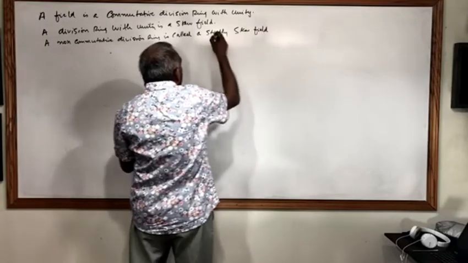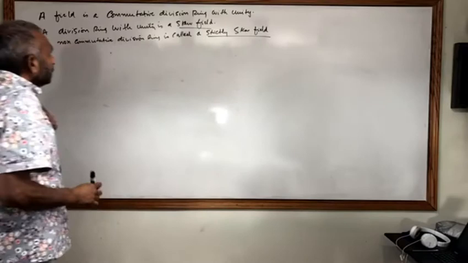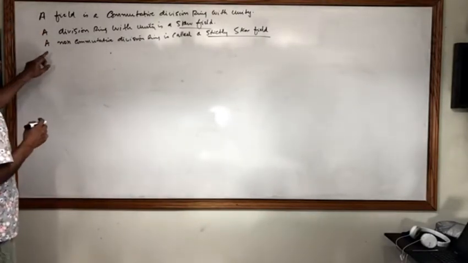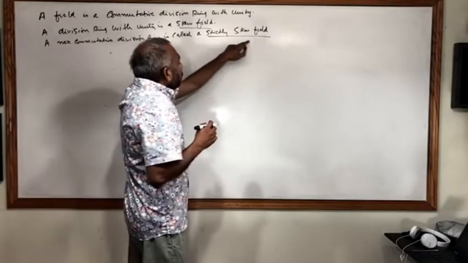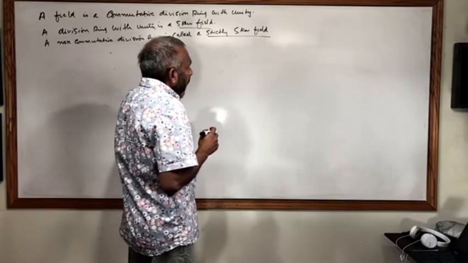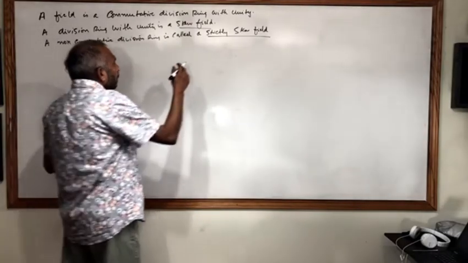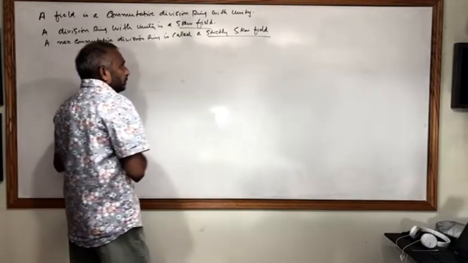So these are the definitions which we need to know on this skew field. What we are going to do is give you an example of a strictly skew field, meaning the multiplication is not commutative on this field.